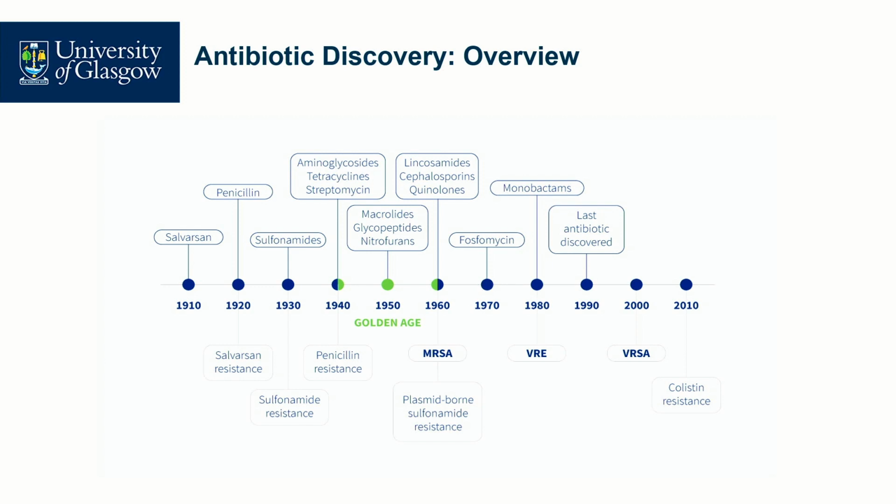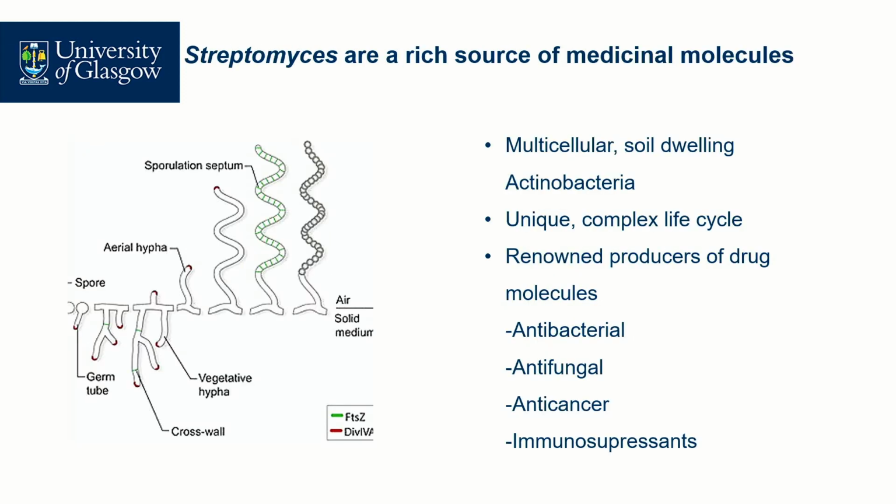And streptomyces are really interesting bacteria because they produce a huge amount of medicinal molecules. And when I say streptomyces, there's also closely related bacteria that are also very good at this, as the greater group of actinobacteria. These are multicellular soil-dwelling actinobacteria, and they have a unique and complex life cycle.